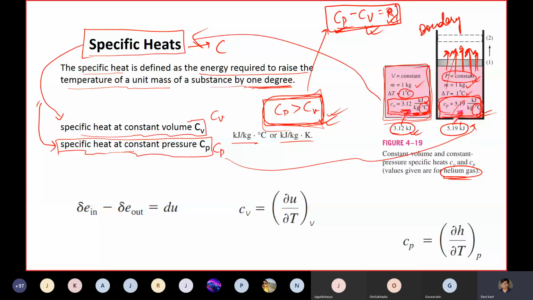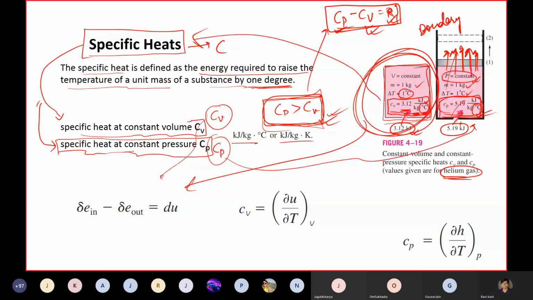Okay, so next, what is the value of Cv or Cp? In order to relate Cp or Cv to thermodynamic quantities, let's suppose I am taking this particular system. The internal energy of the system is increased by the energy input minus the energy going out.